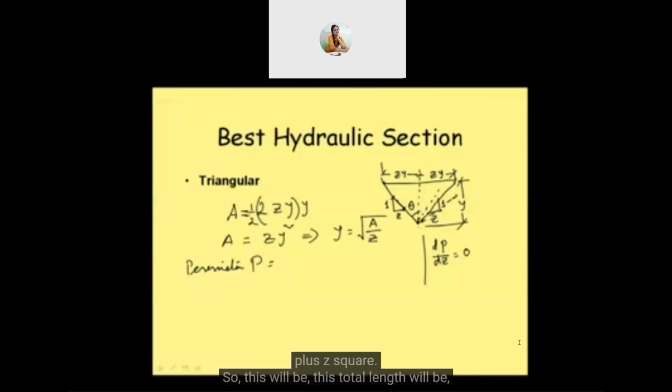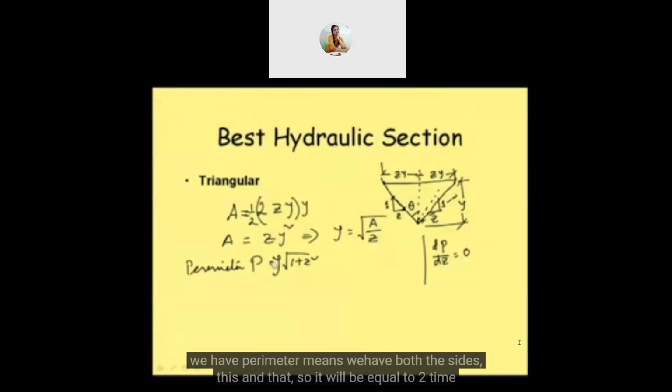So this is the perimeter, but this is only one side. We have both the sides, this and that. So it will be equal to 2 times y root over 1 plus z square.